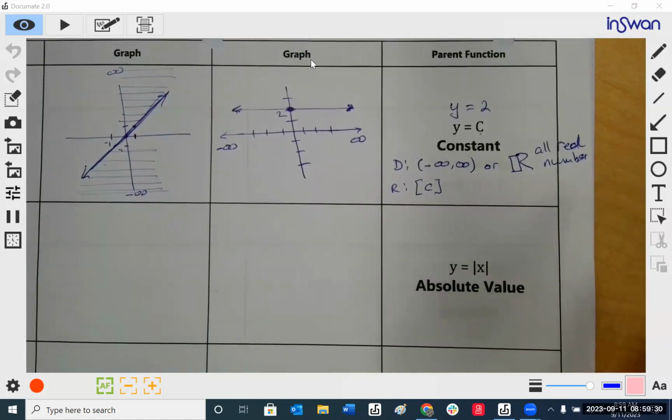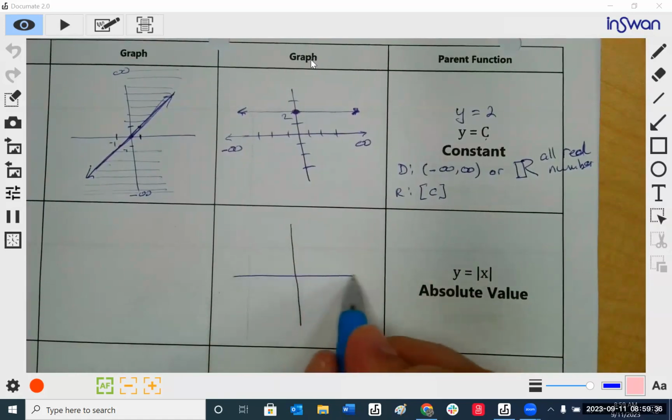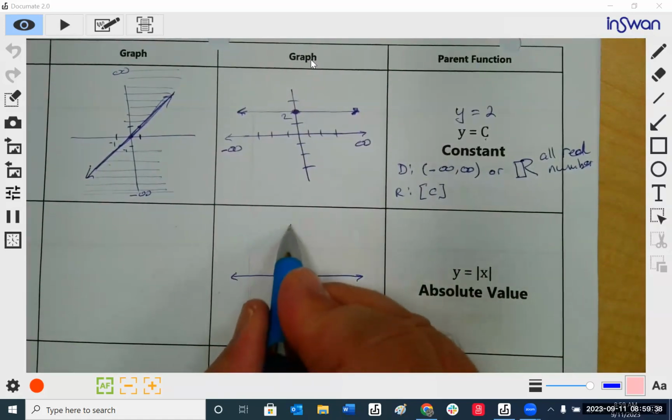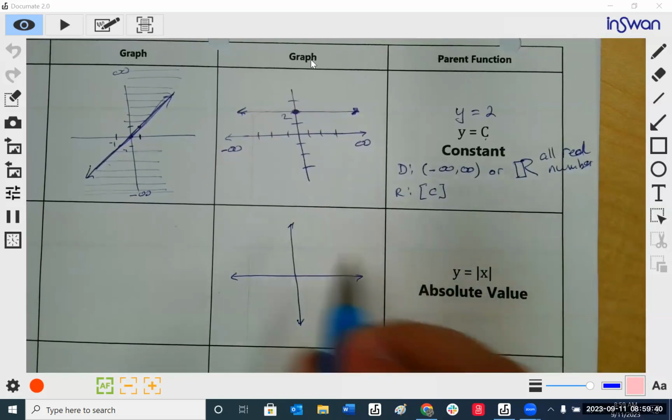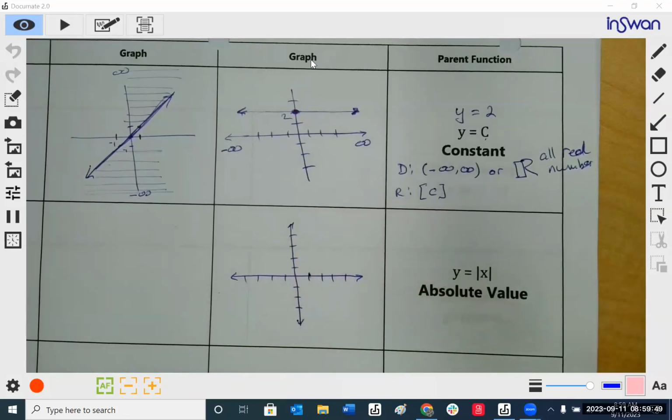The absolute value function. What does absolute value really mean? What does it do? Right.